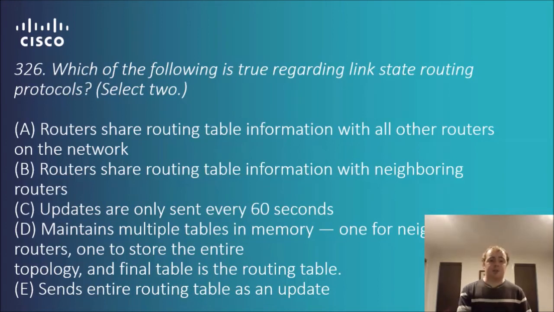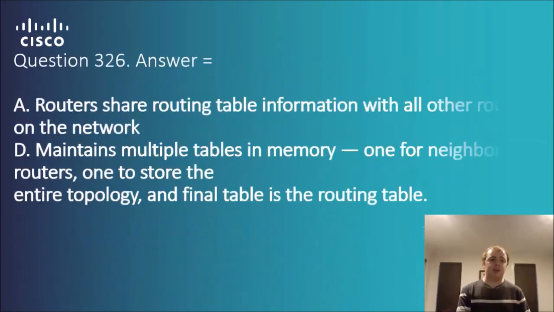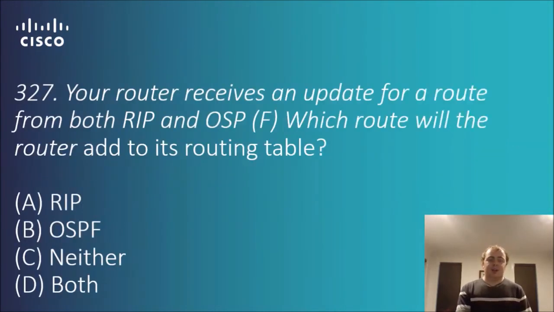What we need to understand here is that link state routing protocols understand the network topology and what's happening there. With that in mind, the answers are A and D. Routers share routing table information with all other routers on the network, and maintains multiple tables in memory, one for neighboring routers, one to store the entire topology, and a final table which is the routing table. That little hint helped us out.